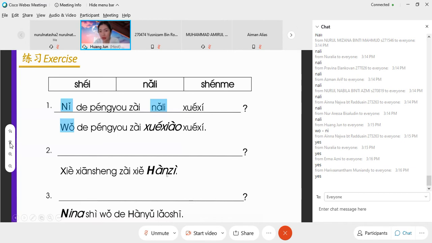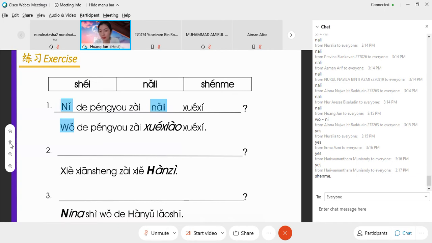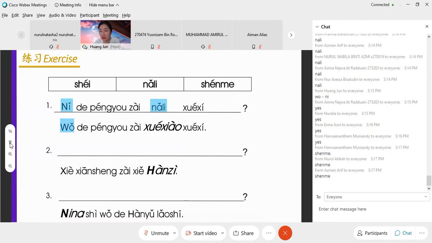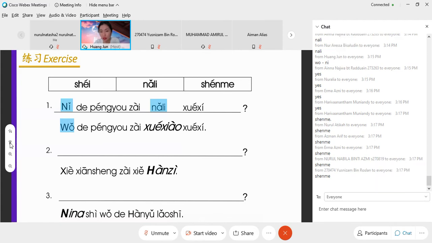The word you have to find the question for is 汉字. Which question word did you choose for 汉字? 汉字 means Chinese character, right? So we will choose 什么. Very good. So we put 什么 here. Then you check the rest of the sentence.